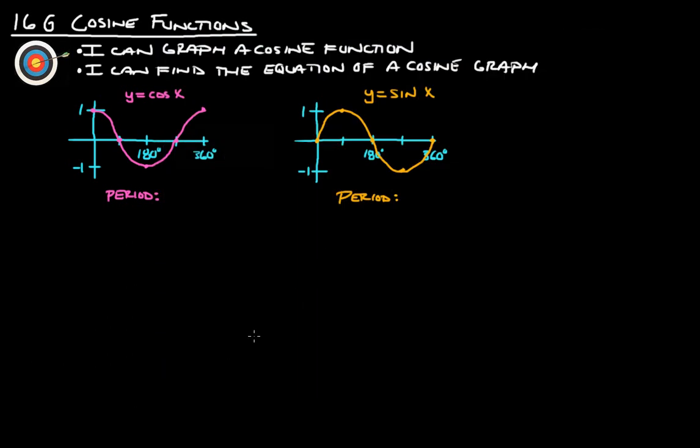Okay, so the period of this cosine curve is 360 degrees. The period for the sine curve is also 360 degrees, right? Because that's how long it takes from beginning to end, where it starts repeating.